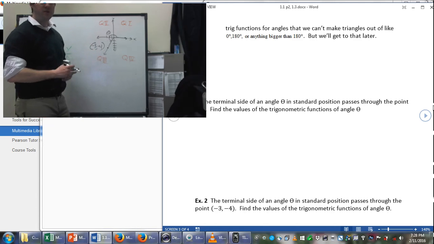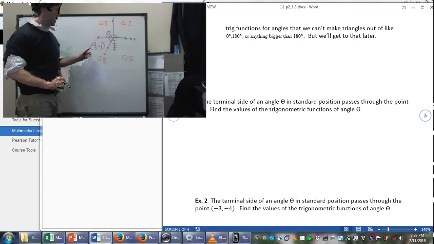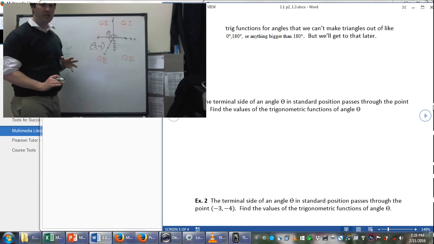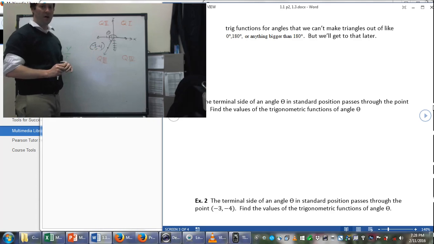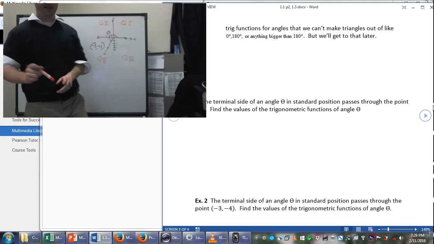So, number 2, the terminal side of an angle theta in standard position passes through the point -3, -4. Now, I am going to graph this, because again, you need to get used to graphing it just to help visualize what quadrant this is in. So our x-axis, this is our y-axis, and our point is -3, -4.